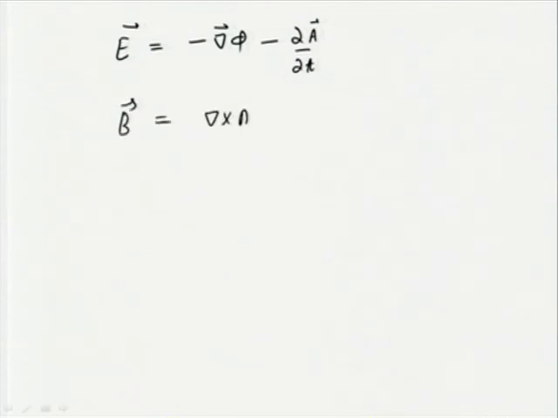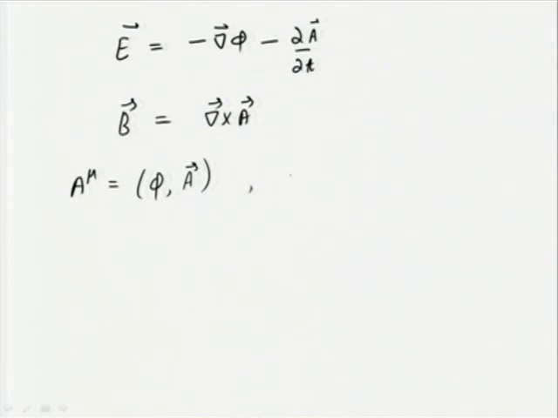Curl of A is the magnetic field. So, that is what we have for B: B is curl of A. So, if we have a time varying magnetic field, that will induce an electric field which is given by this. Let us focus on the electric field expression. Let us denote the electrostatic potential phi and the vector potential A together as a 4 vector.